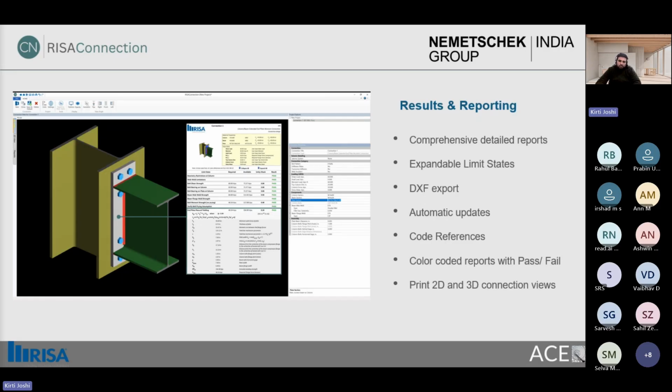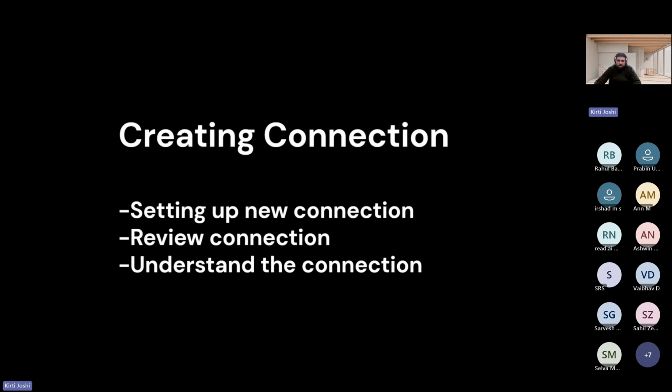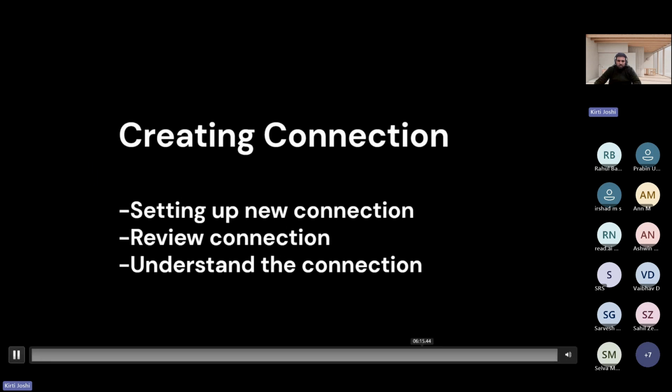Also, you can export the DXF for documentation, and also see the expandable limit state checks. It also includes the code reference and automatically updated design changes. So we'll also try to see how you can review a connection result and how to modify or change the connections.